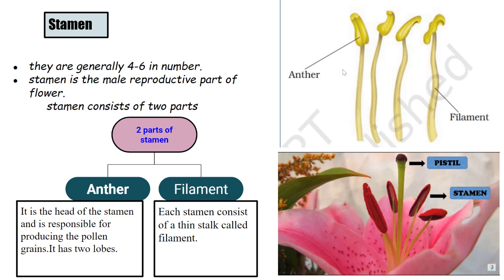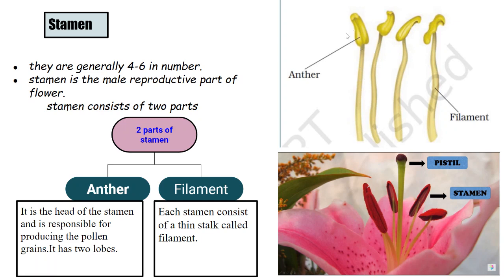Okay, so let us just recall everything we studied about stamen. Children, stamens are the male reproductive part of the flower, and they are further divided into two parts, anther and filament.